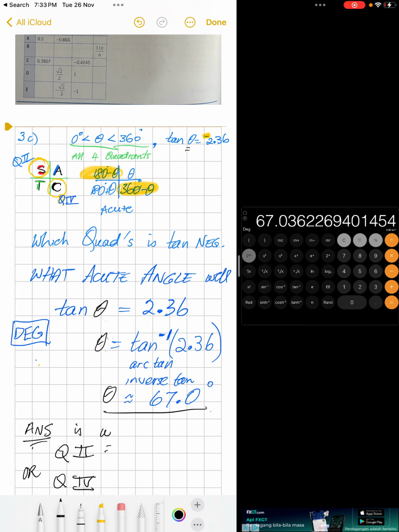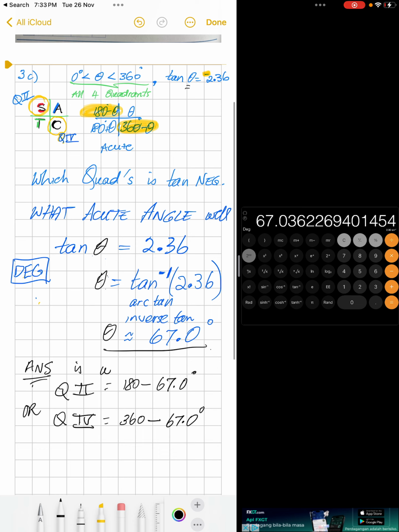And quadrant 2 is 180 minus 67.0 degrees, and quadrant 4 is 360 minus 67.0 degrees, and then you've got your two answers. So we've got 113.0 degrees, is that right? And we've got 293.0 degrees.